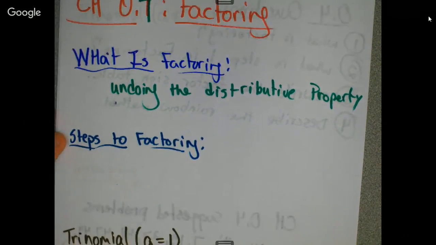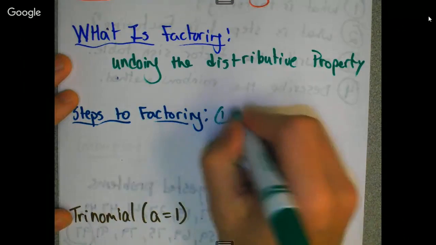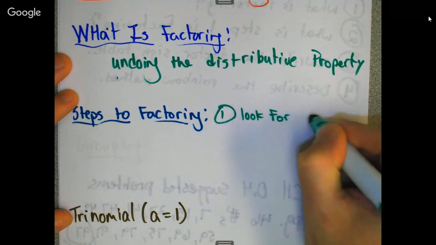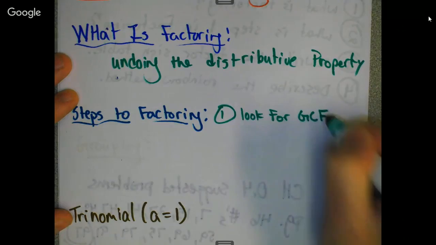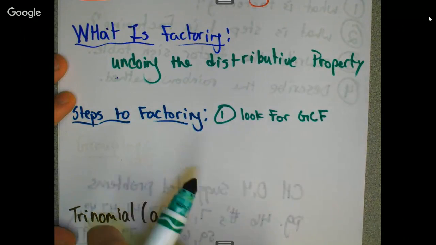So, steps to go through when factoring. Step one is you're going to look for your greatest common factor, or your GCF. This is a must. You have to look for it every single time.